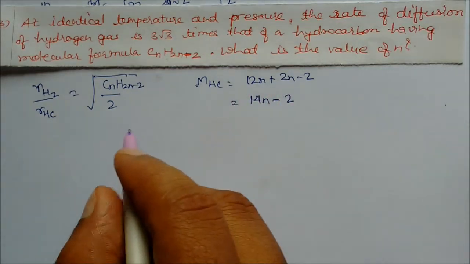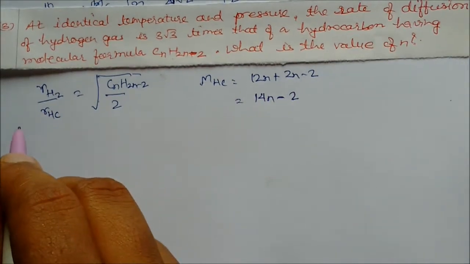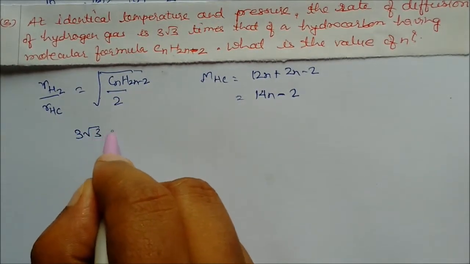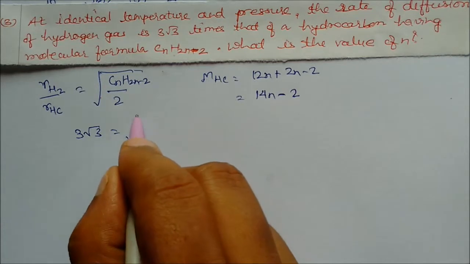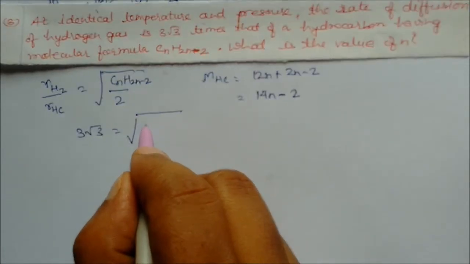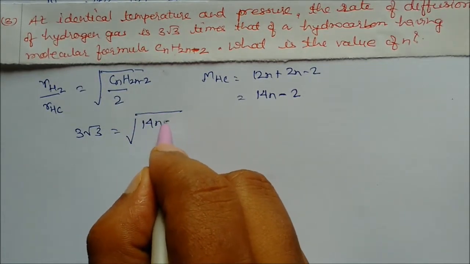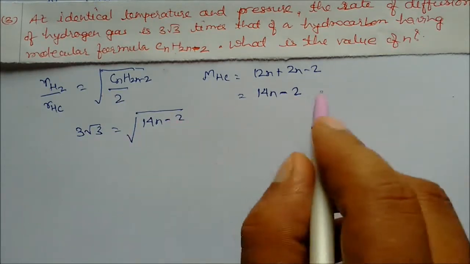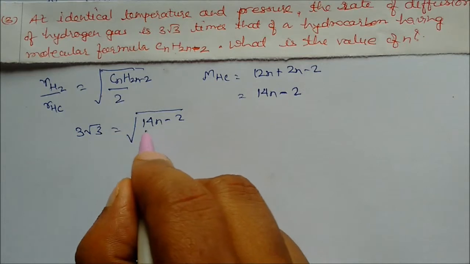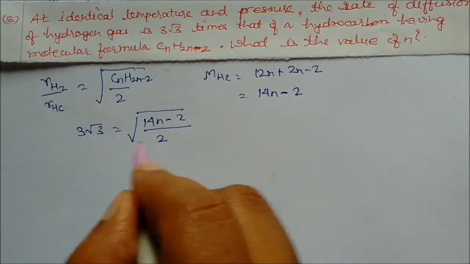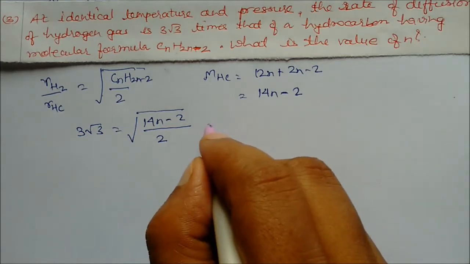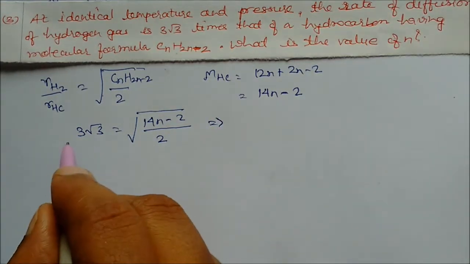So the rate is given here as root 3. This becomes root of 14n minus 2 divided by 2.